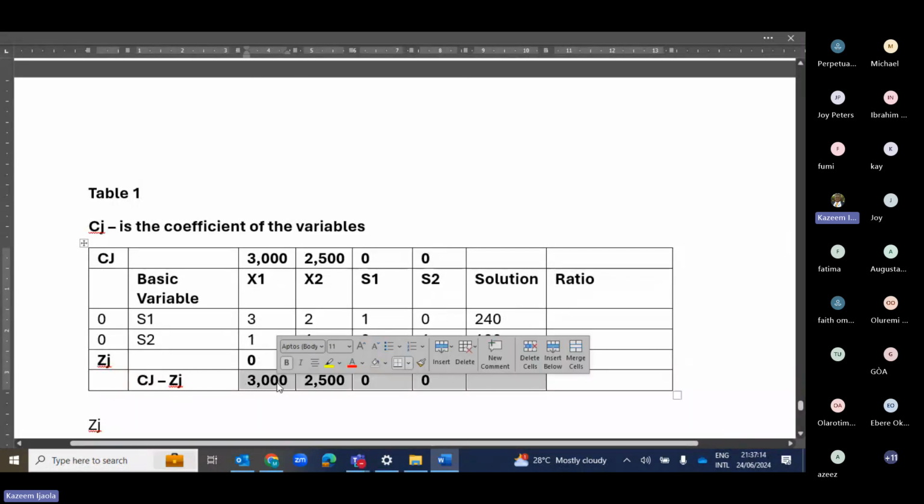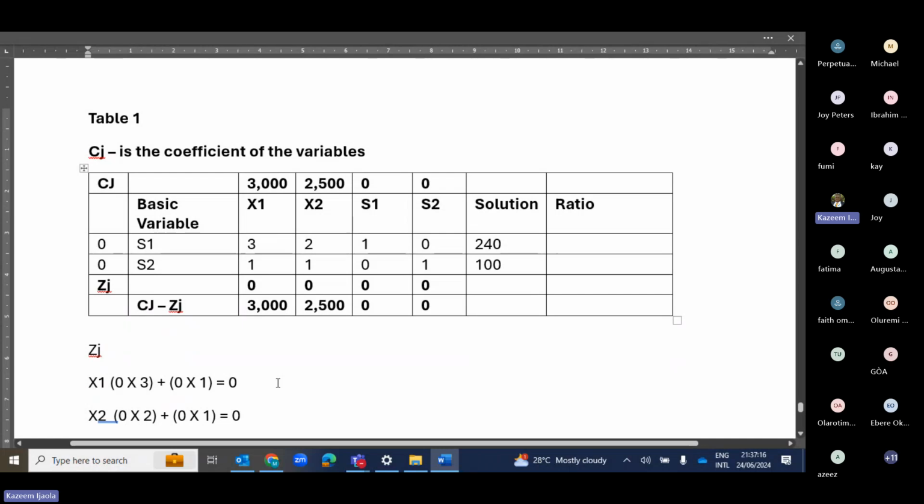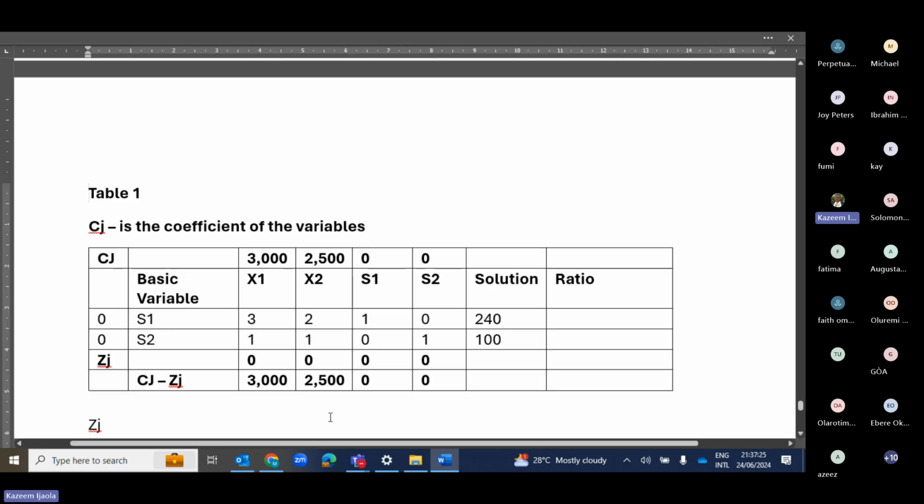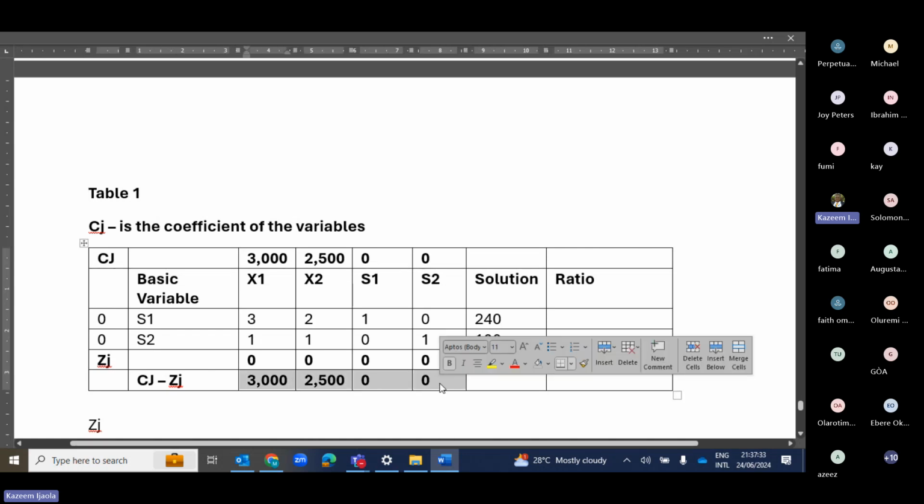Now this is the beginning of the problem. So this will take us to table 2. So table 1, no solution. It will take us to table 2. Now, before you move on to table 2, there is a little exercise you need to do. Here, on this column or row, check which one is the highest. Cj minus Zj, which one is the highest, please? 3,000, which is X1.